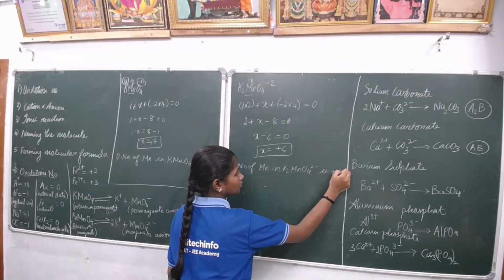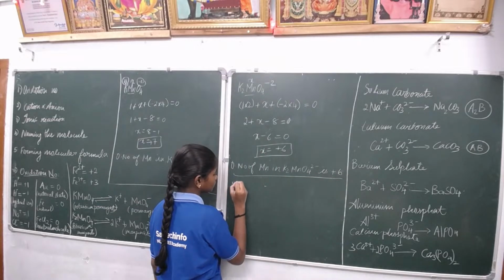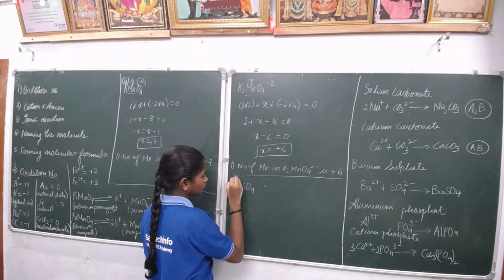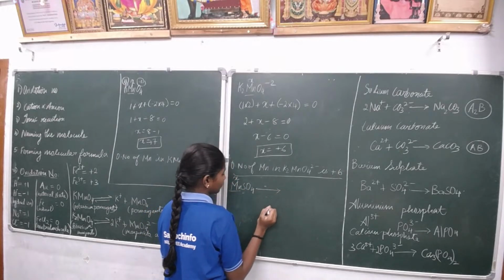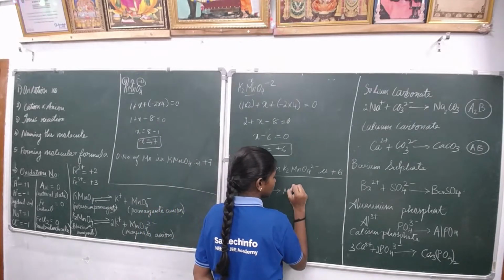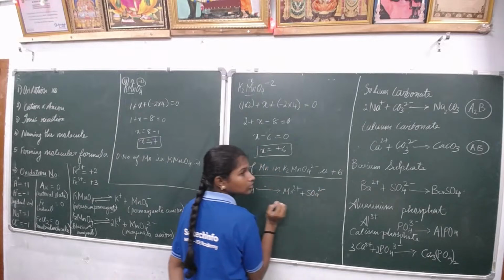Let me take another compound, manganese sulfate, MnSO4. How can we split this manganese sulfate? It is going to be ionized as Mn2+ and SO4 2-. So in that case, the manganese is plus 2.